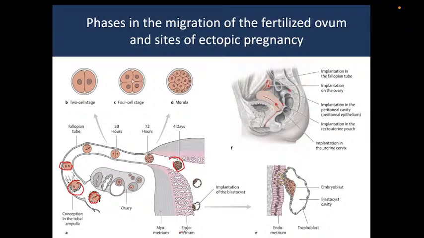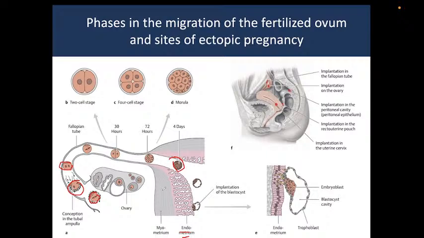We call this layer the endometrium, and the process is called implantation. Sorry, I forgot the name. This is implantation of the ovum in the endometrium, the most important process in personal life.